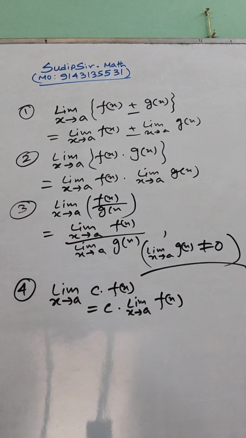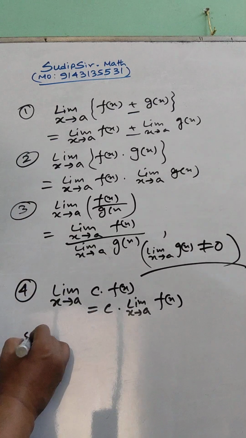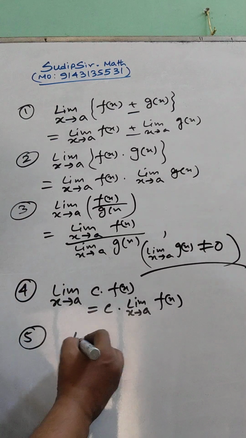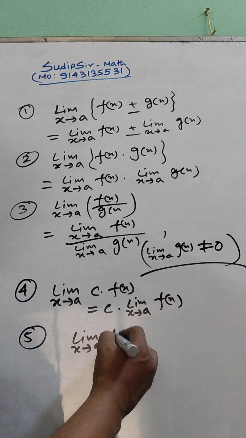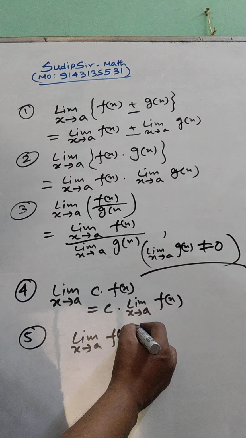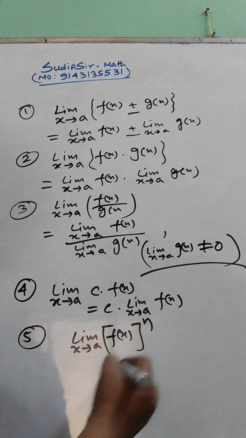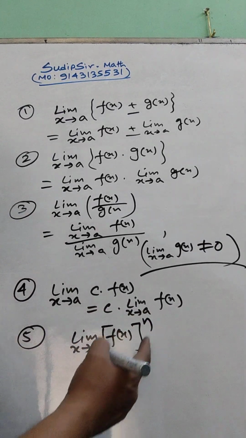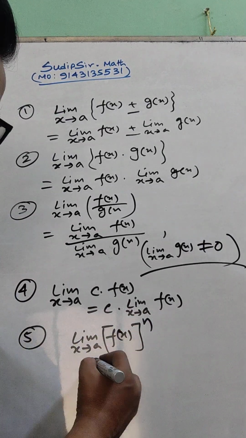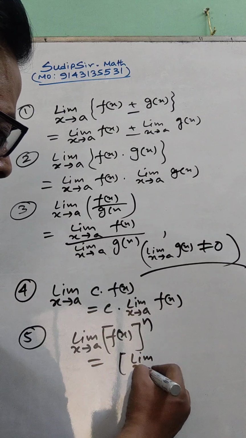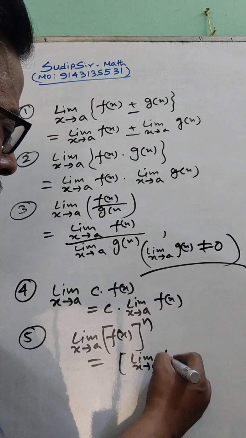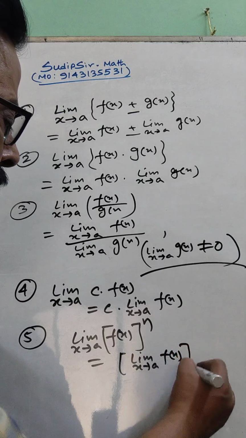Okay. And also, suppose the limit as x tends to a of f(x) whole to the power n. Then this can be written as the limit as x tends to a of f(x), whole to the power n.